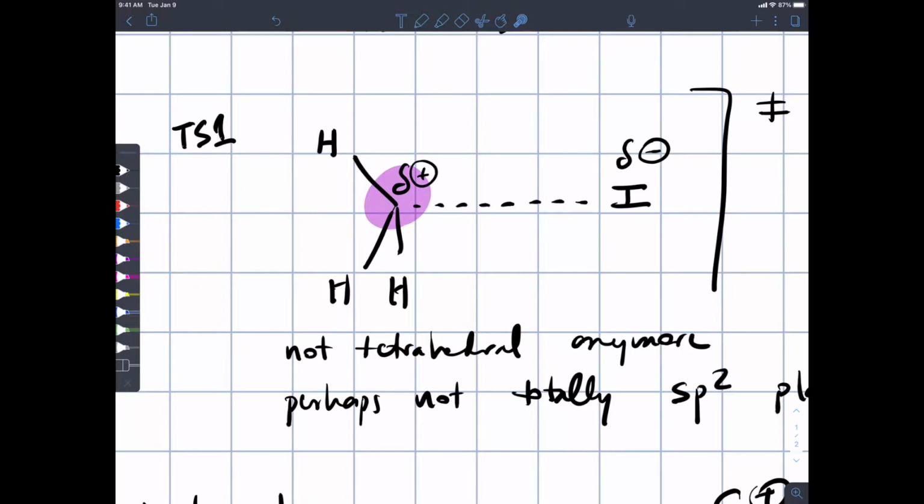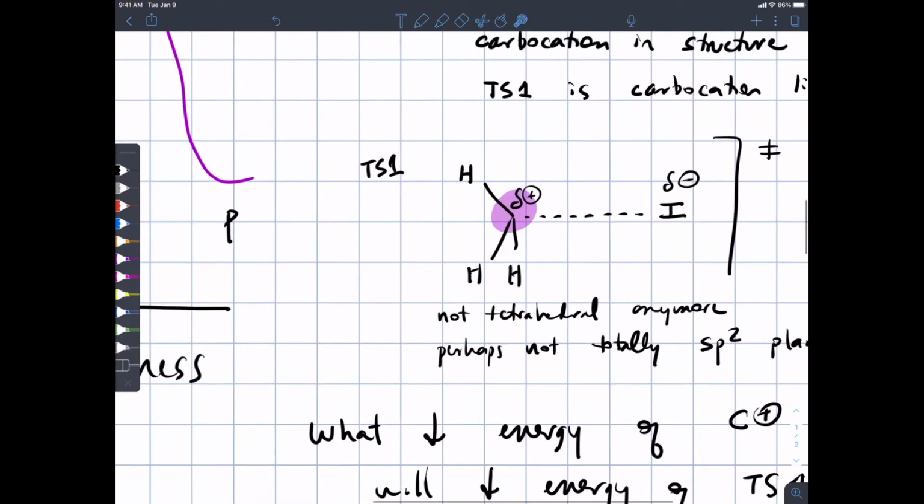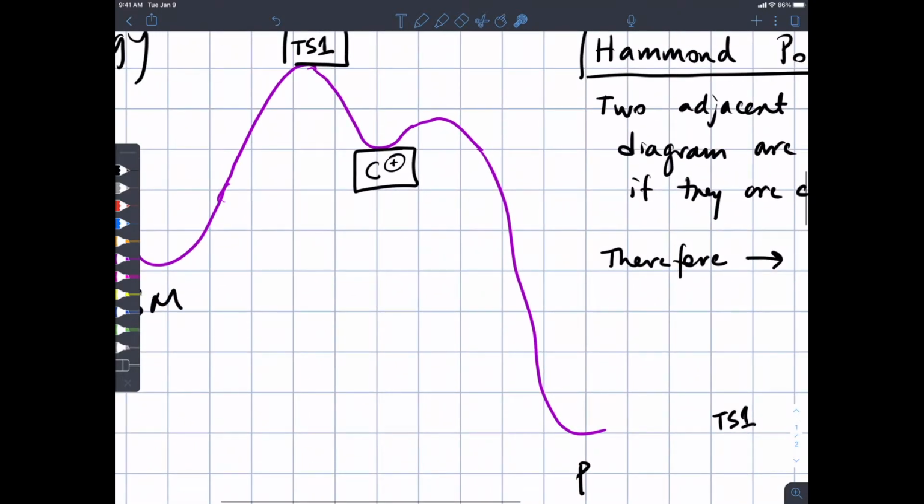Remember, geometry in molecules is a function of getting things as far apart as possible. When that carbon was bonded to 4 things, tetrahedral was as good as you could get. Suddenly, as the iodide leaves, that's no longer the case. And so the downward slide from that transition state is relaxing into a trigonal planar arrangement.